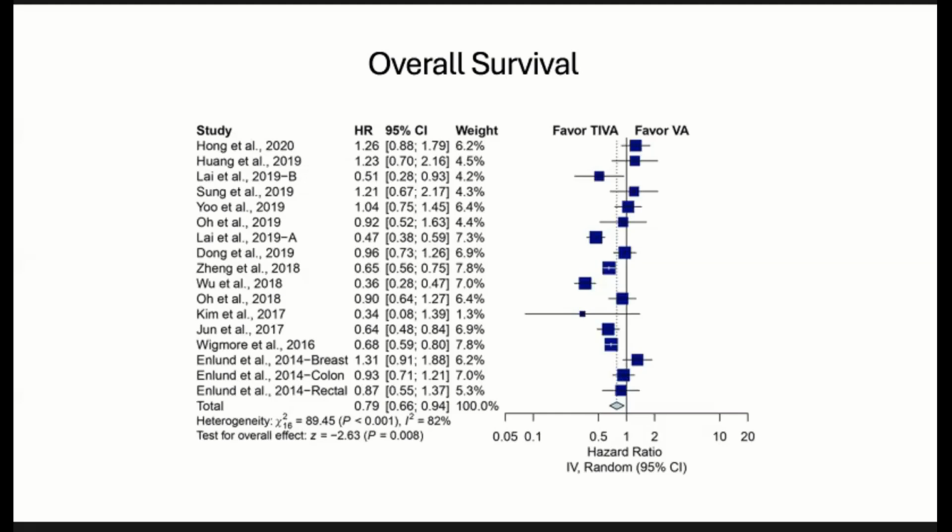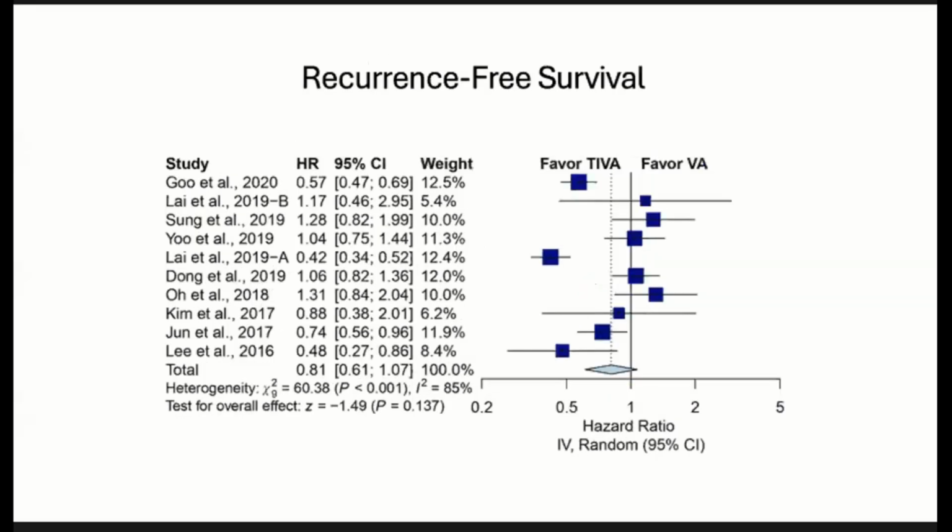So there was that specific difference between the type of volatile, and that did impact the results of this analysis. And then in looking at the recurrence-free survival, which included 10 reported studies, there was no statistically significant difference in recurrence-free survival between TIVA and volatile anesthetics.